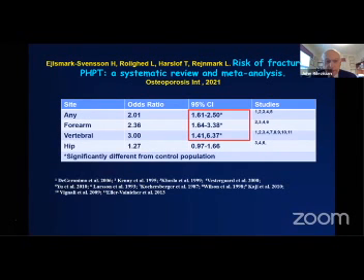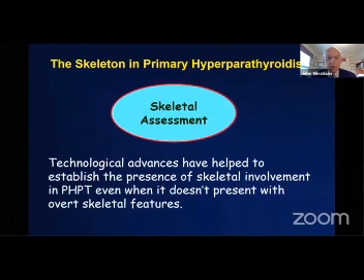But more specifically, if one looks at the forearm site or the vertebral site, you are also seeing a significant risk of fracture. Again, this supports the notion that in primary hyperparathyroidism, fracture risk is increased overall.